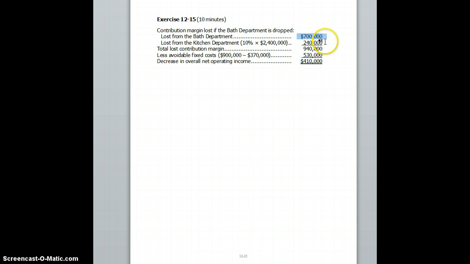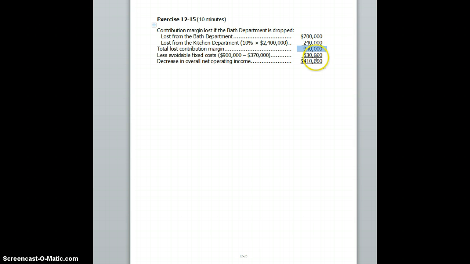But in addition, it will have an impact on the kitchen department. We will lose 10% of the sales, which in effect will lose 10% of the contribution margin of the kitchen department. 10% of the contribution margin of the kitchen department is $240,000. When we take the bath department plus the kitchen department, we'll lose in total $940,000 of contribution margin.